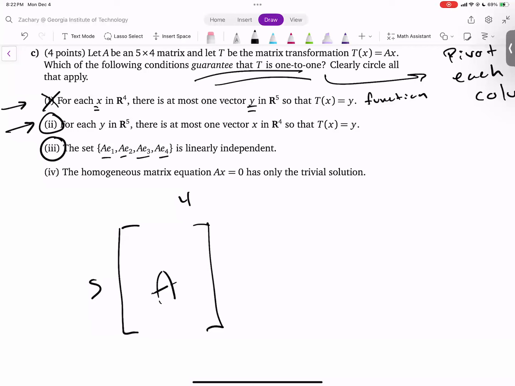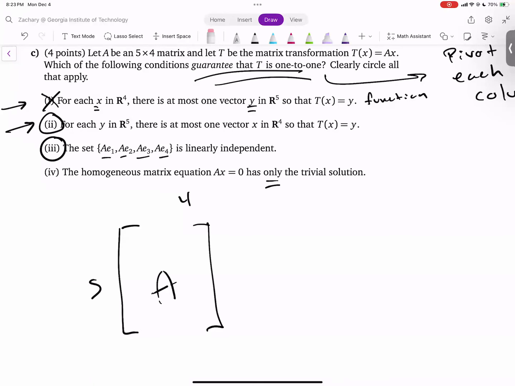Question 4. The homogeneous matrix equation Ax equals 0 has only the trivial solution. If we have only the trivial solution, how many free variables do I have? What is the dimension of my null space? Zero, right? I know it's late and I know it's a Monday, but you know. So what's the dimension of my column space? 4.